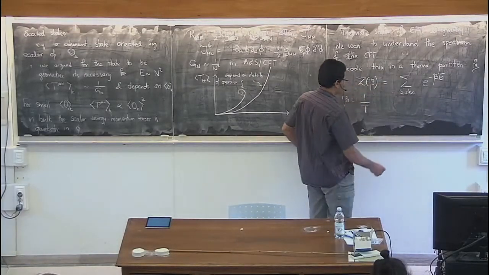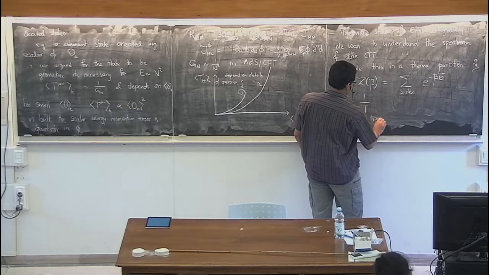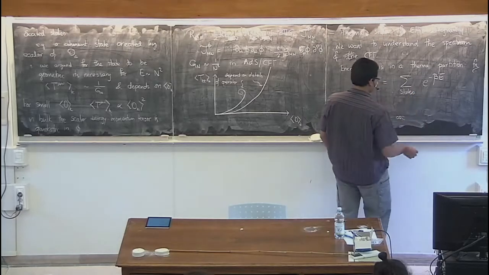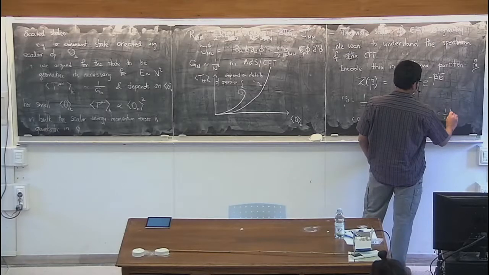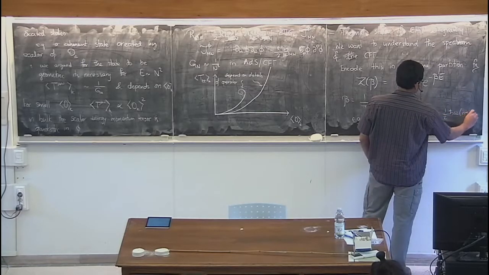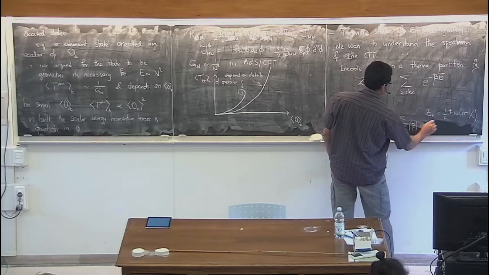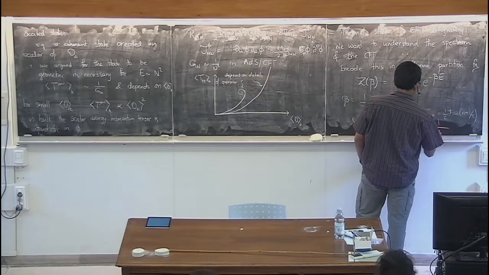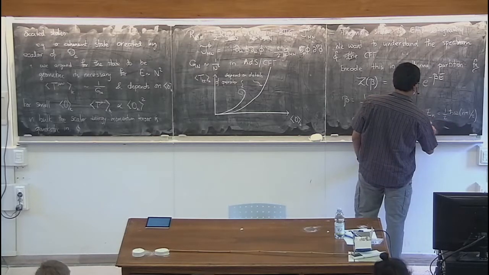You should all probably know that, for example, if you have a simple harmonic oscillator, then the spectrum is best encoded in this partition function Z of beta, which is given by the sum.